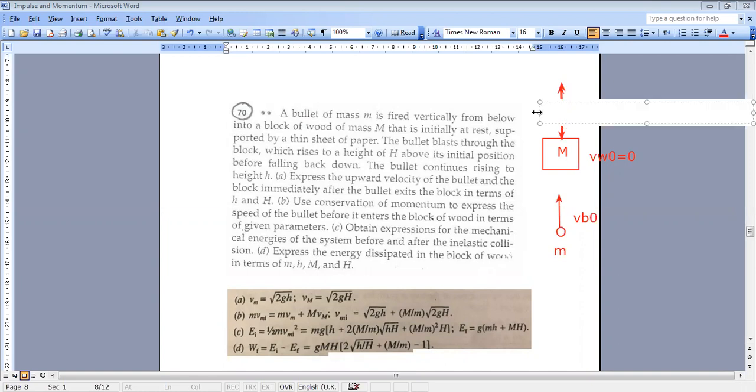While the bullet will continue rising, going upward a distance of small h after collision.